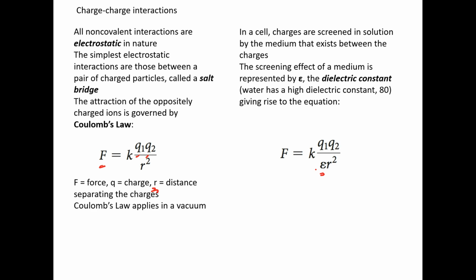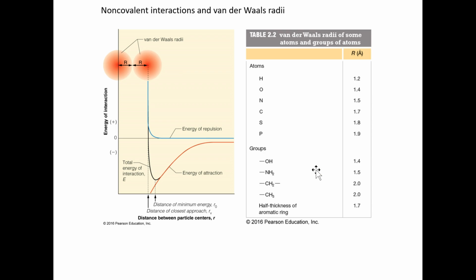So you get some biological controls over charge-charge interactions based on the type of solution the body is creating for it. Now, on the other side of that, not just getting them close, you can't get them too close because of van der Waals radii. Van der Waals radii is really just defined by where the electrons typically reside in proximity around a nucleus.